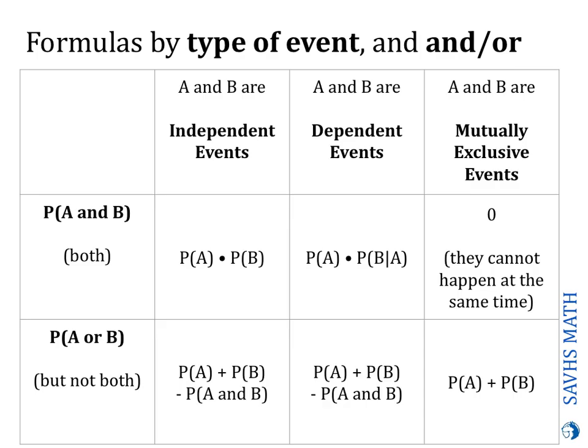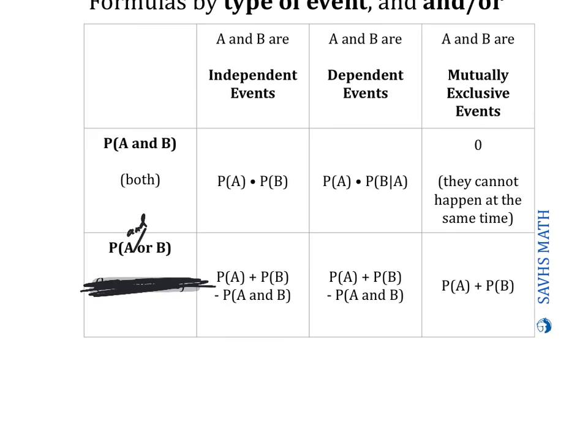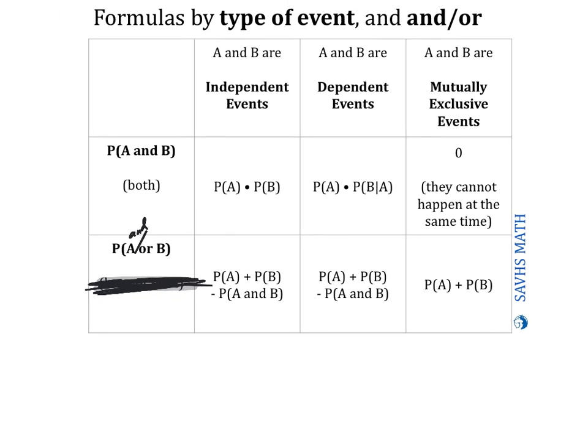Here's the summary slide, and this is just helpful for us. This is the probability that we could have both here. That's a possibility. So this is and/or, and down here, I'm just going to put the ones that are exclusive or.